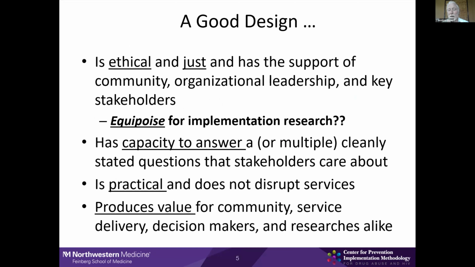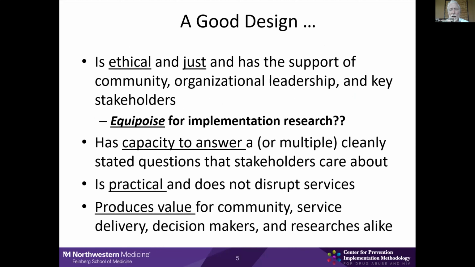So here's the things about a good design. Where it starts is to have an ethical and just design that has the support of the community, the organizations, key stakeholders. When you run a randomized trial in an efficacy or effectiveness mode, we talk about equipoise. Equipoise is an important concept.